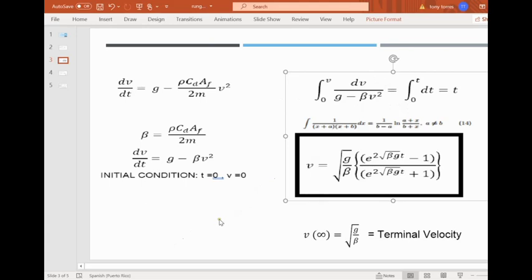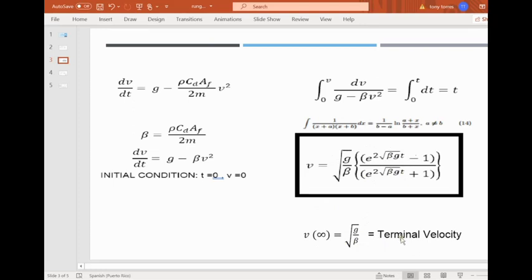All right. Now, it's very interesting to notice that as time goes to infinity, these two terms will cancel out, equal 1, the division of this over this, and you end up with only this. And this is called terminal velocity.